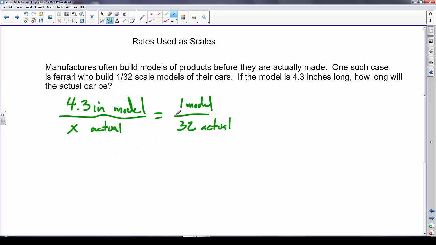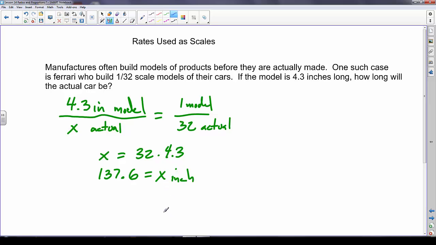Alright, so we take and do our cross product. 1 times X is X. 32 times 4.3 is going to be roughly 137.6. And that's equal to X. So if I have 137 inches, we know this is inches.